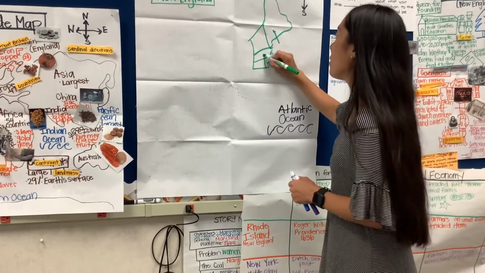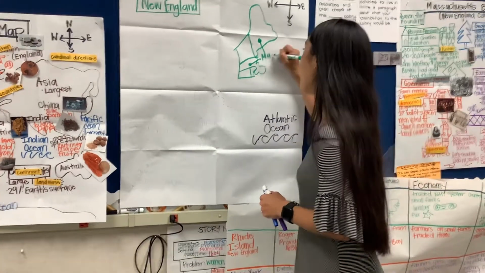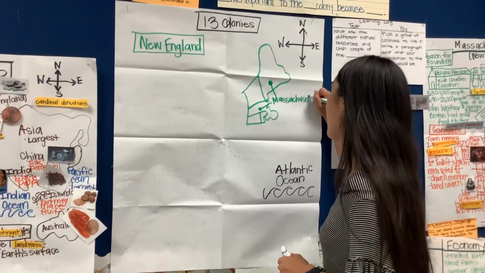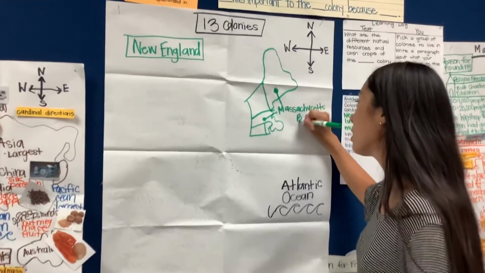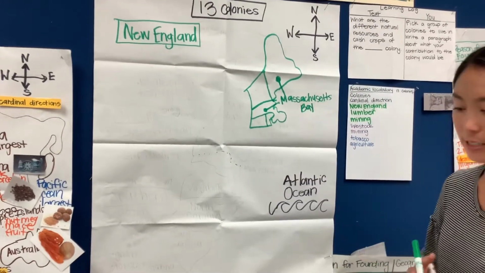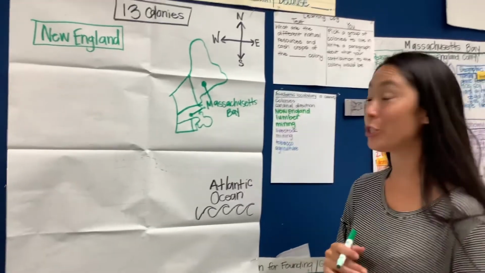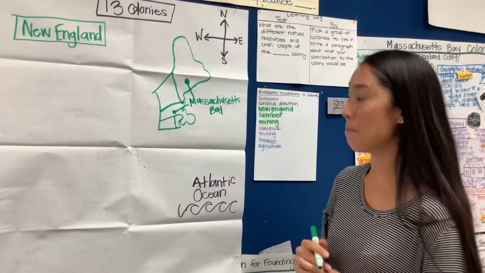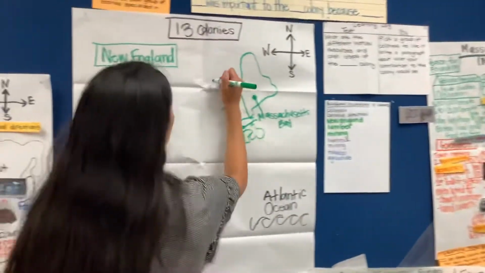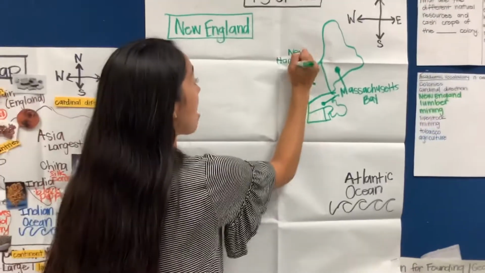Now, in the New England colonies, we have the Massachusetts Bay Colony. Say that with me. Massachusetts Bay Colony. It takes place in present-day Massachusetts and present-day Maine. My next colony that I'm going to label is my New Hampshire colony.